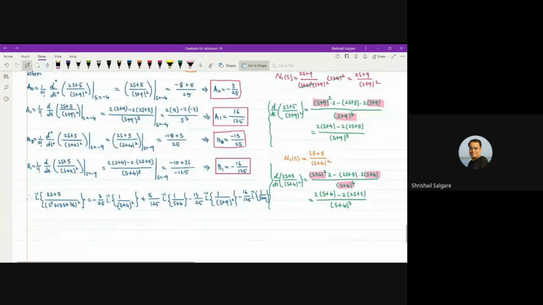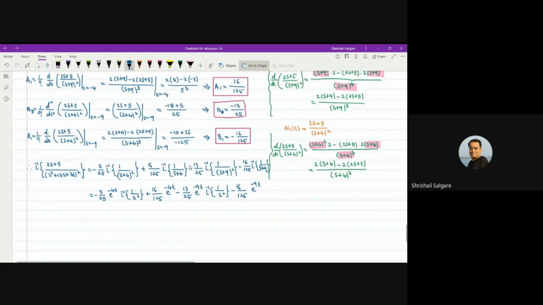Now here, first step: minus 3 upon 25 into e to the power minus 4t, by first shifting theorem, L inverse of 1 upon s square, plus 16 upon 125 e to the power minus 4t, that's it, minus 13 upon 25 into e to the power minus 9t into L inverse of 1 upon s square, and minus 16 upon 125 into e to the power minus 9t. So one more step you have to simplify.